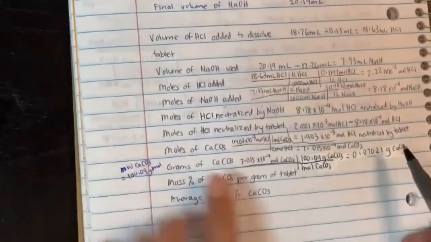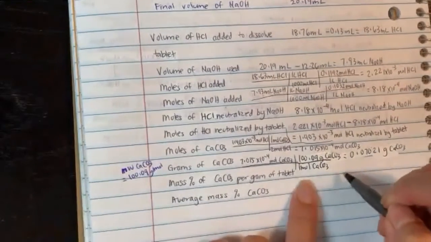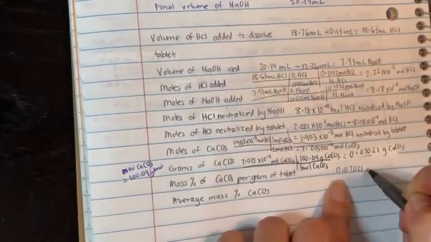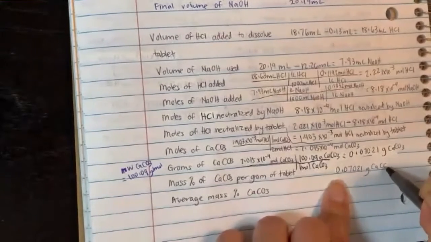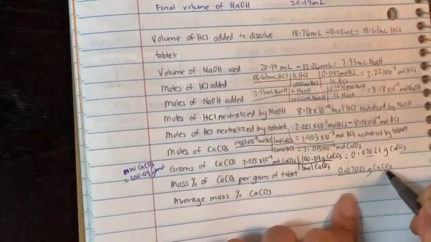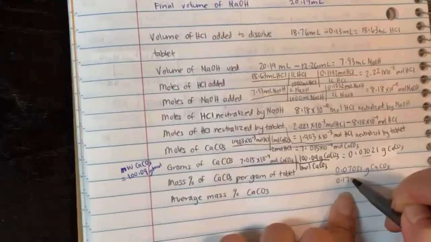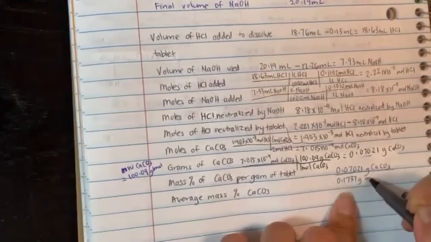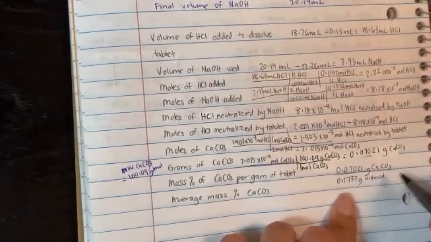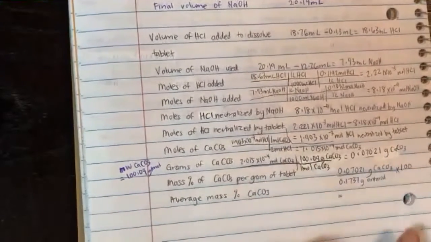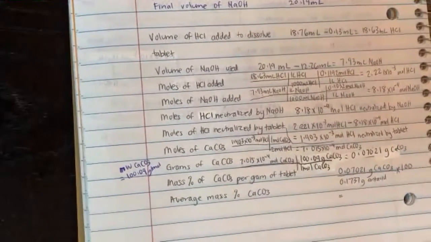To get the mass percent of the tablet, you will take 0.07021 grams of the calcium carbonate that you just calculated, divided by the total mass of the antacid tablet, which is 0.1737 grams, and then you multiply that by 100. That will give you the mass percent of calcium carbonate. So take this number divided by 0.1737 times 100.